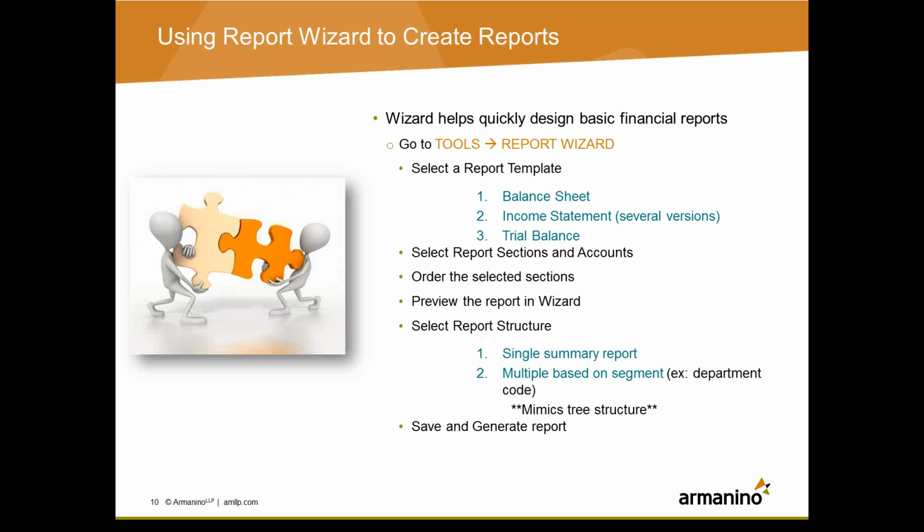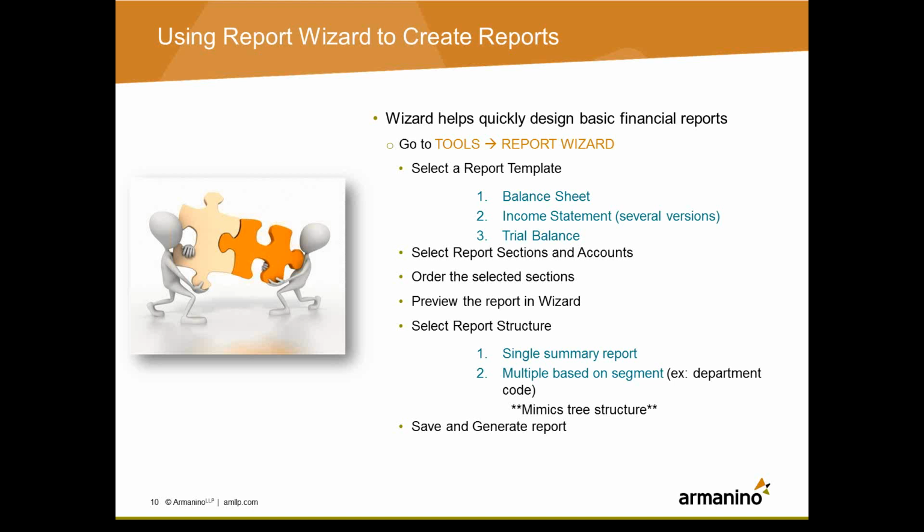So once you've done that, you can reorder the sections if you would prefer them in a different order. And then you can preview the report to verify that you like the setup, and you can select your report structure.